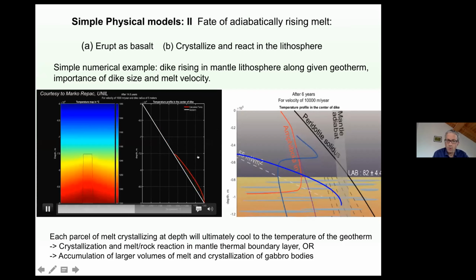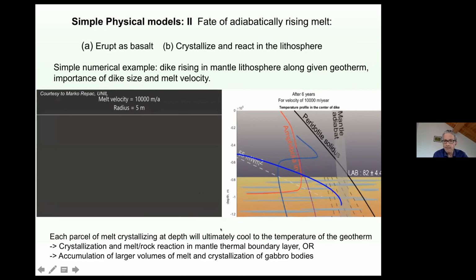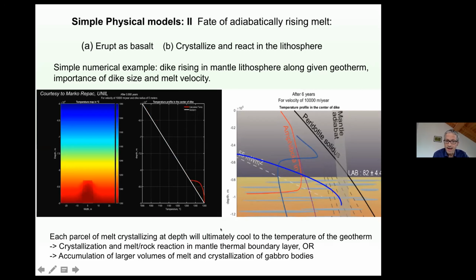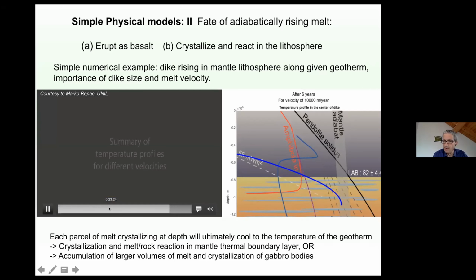And no surprise, the faster your magma is rising, the bigger the deviation you see between the white line, which is the geotherm, and the evolution of the dike during rise through these 20 to 30 kilometers of mantle.